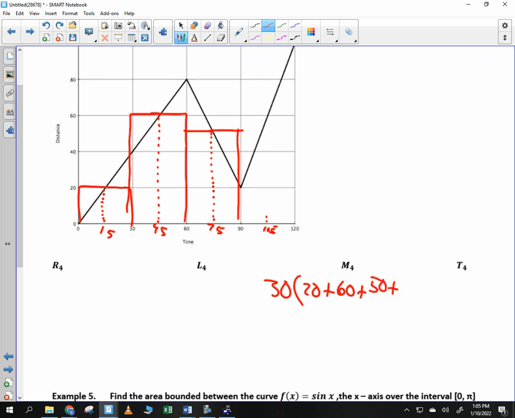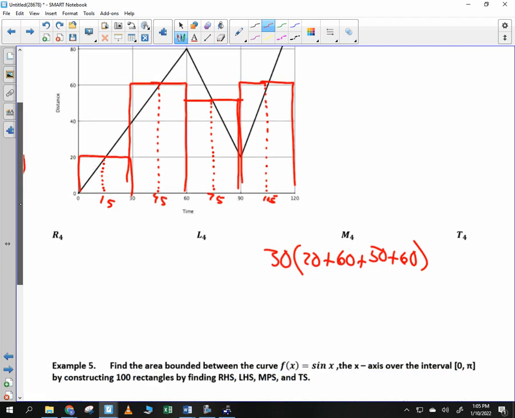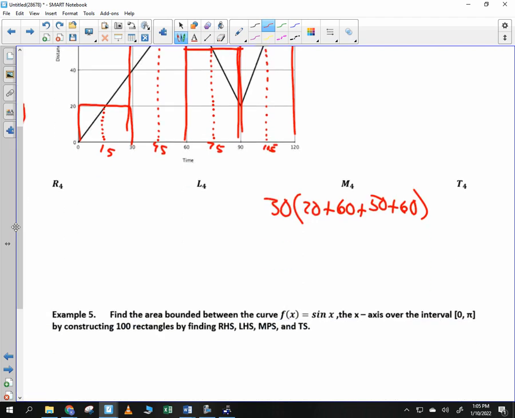And what's the height midway through here? 60. So you can see that 20 plus 60 is 80, and then we have 110, so it's 190 times 30. I'm going to say it's 5,700.